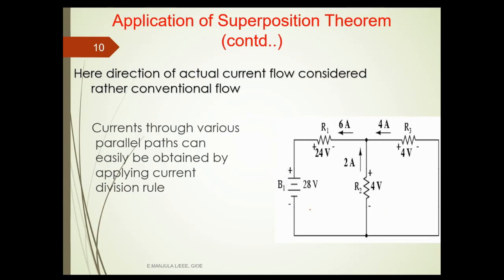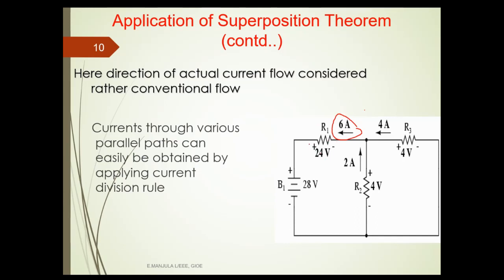Electrons pass from negative to positive, so the actual current flows from negative to positive, but for conventional we use the direction from positive to negative. But here the direction given is the actual one. So through this resistance it is 6 amps, as we have discussed before.